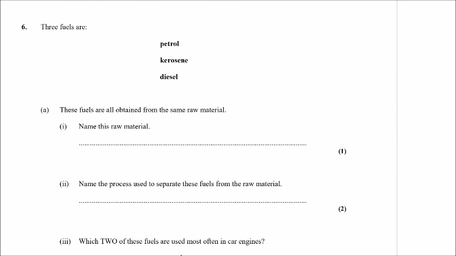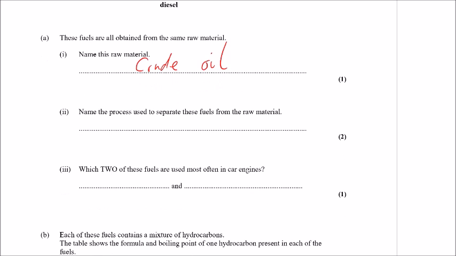Okay, along the lines of organics, these fuels are all from the same raw material, so we're looking for crude oil. Don't just put oil, crude oil. Name the process used to separate these fuels from raw material. We are looking for fractional distillation.